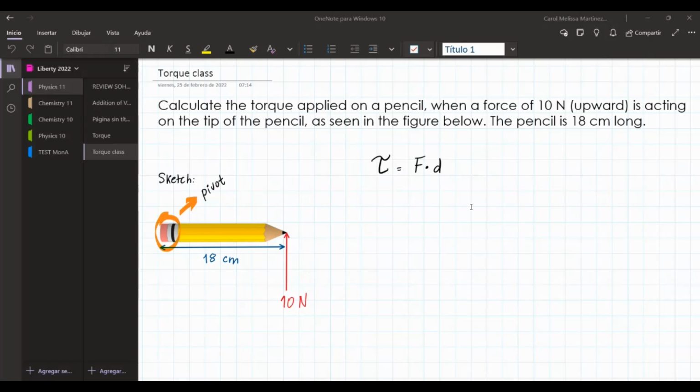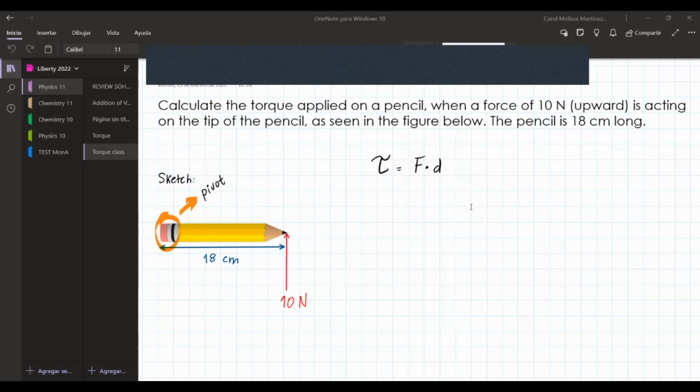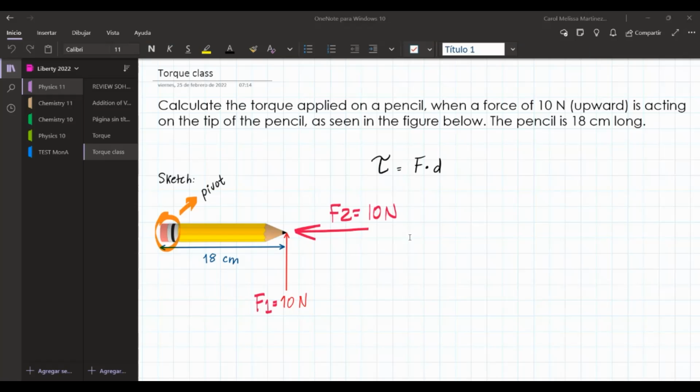Another thing is, imagine that this is my force 1 and this is my force 2. If I apply the force 1, am I going to be able to make a rotation of the object? Does rotation occur? Yes.